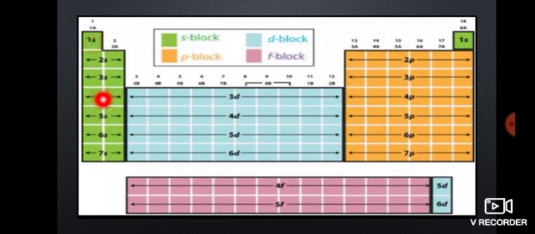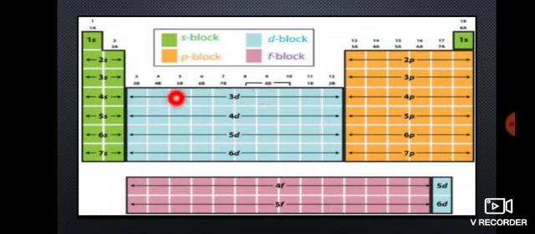Students, as you already know from your 8th class, we have done electronic configurations and practiced the sketch for writing the electronic configuration of elements, in which the S are from 1s to 7s. In the same way, the P are from 2p to 7p and the D are from 3d to 6d.